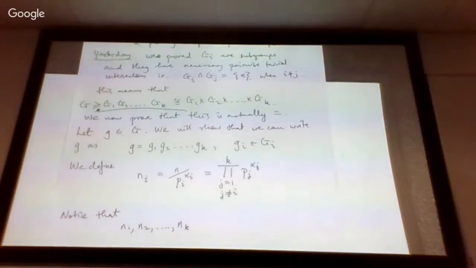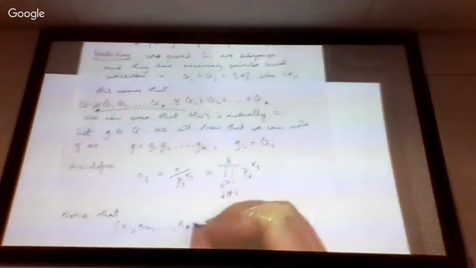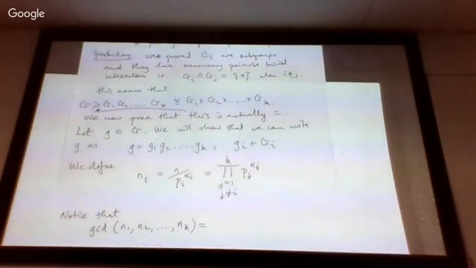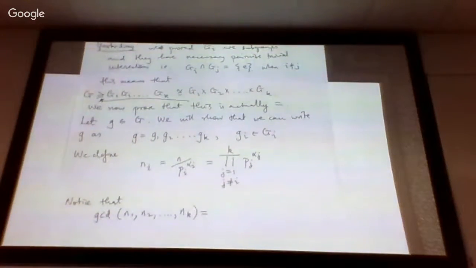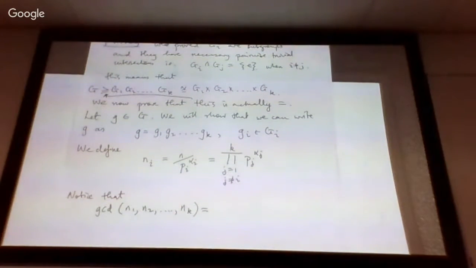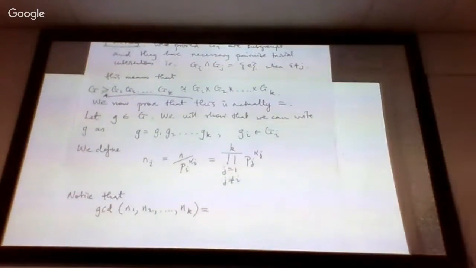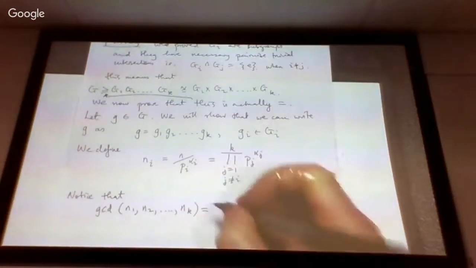So not by pairs, but we take them all together as a collection. What's their GCD? The GCD of a collection is defined in the same way as the GCD for a pair. So what's the greatest number that divides all of them? One, exactly.